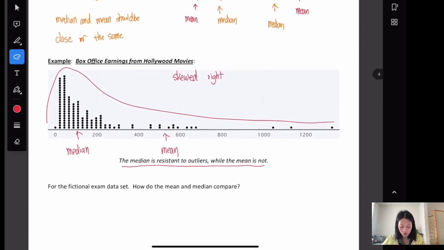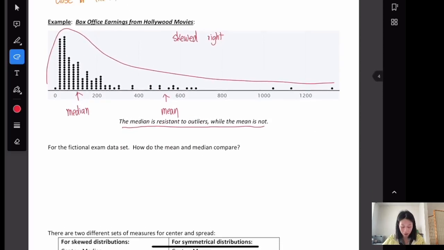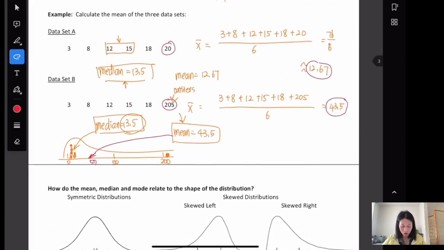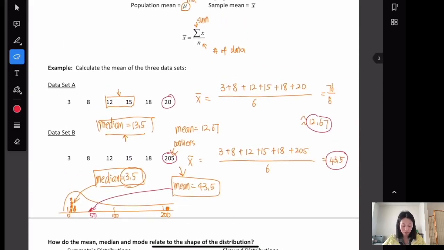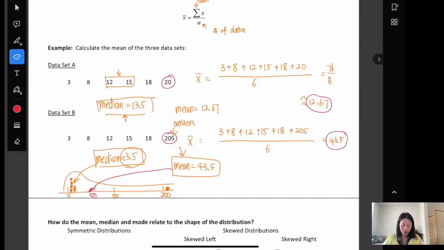So for the fictional exam data set, how do the mean and the median compare? We just did it earlier, where the outlier 205 is going to drag the data to the right.